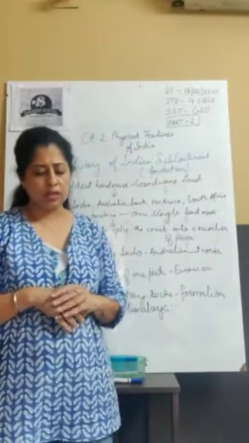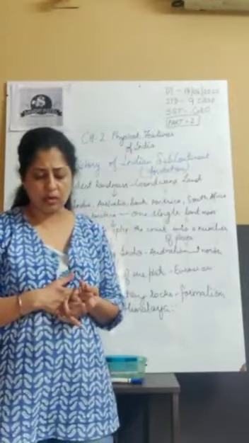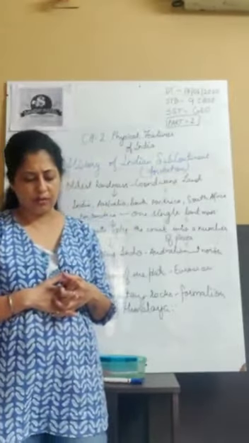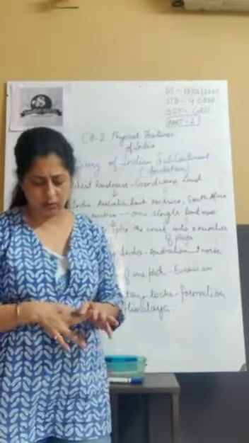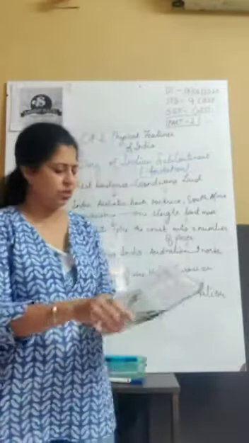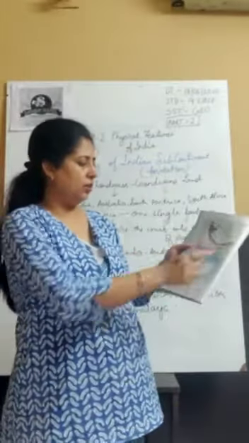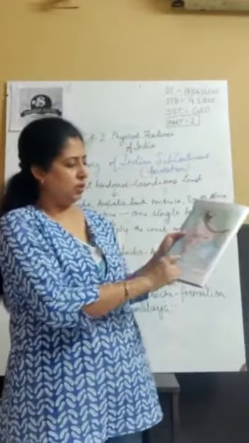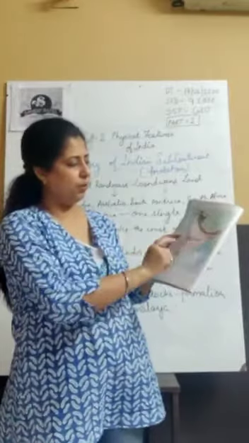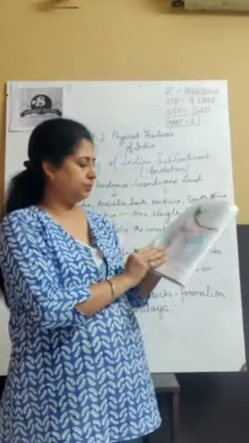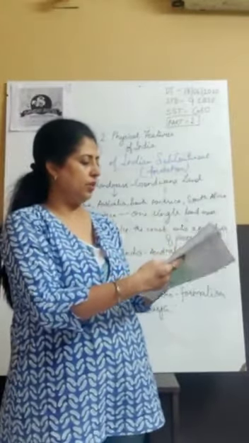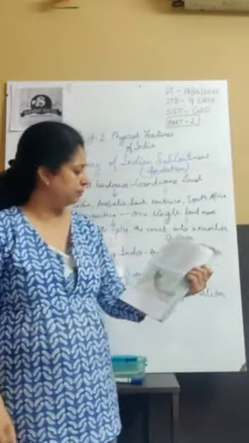The physical features of India can be grouped under the following physiographic divisions. The figure is given over here. On the next page, in this map you can see the relief of all this, because with the height only you will be able to understand this. This is the Indian relief.